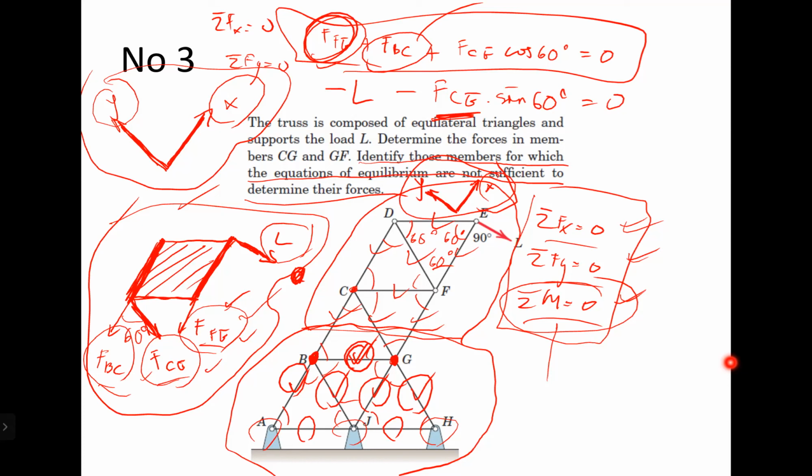What you're supposed to do is replace the pin with external forces. That's Jx and Jy. Ax, Ay. Hx, Hy.